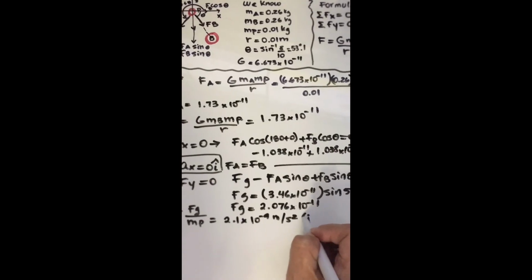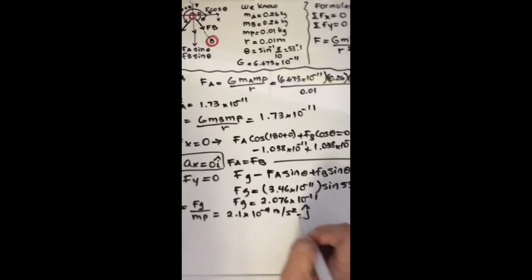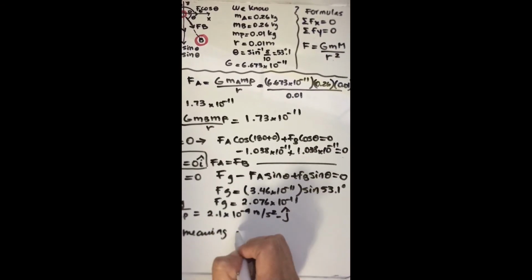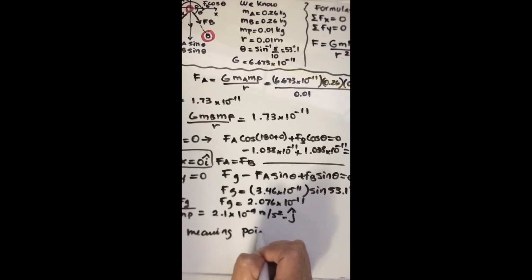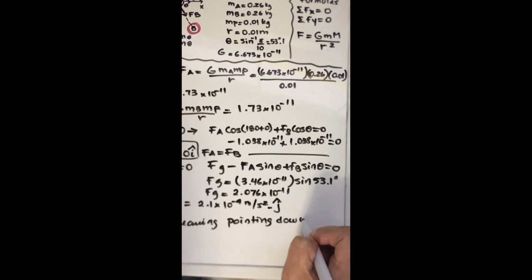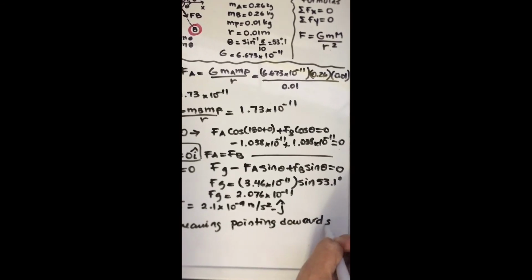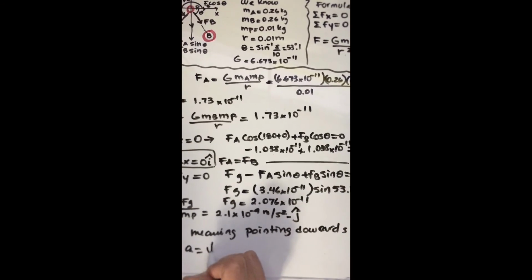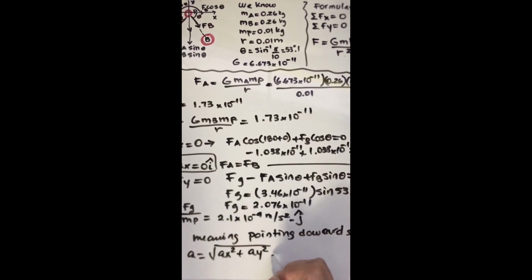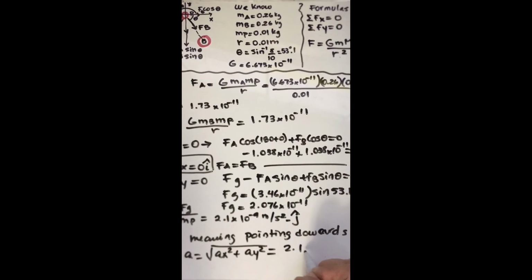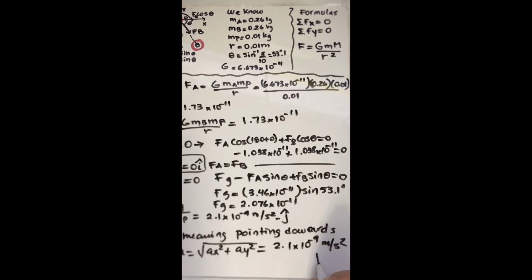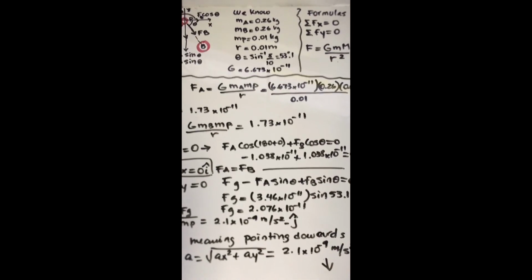But in the y direction, it is the negative direction, meaning it is pointing downward. So the magnitude of the acceleration is the square root of a_x squared plus a_y squared, which is equal to 2.1 times 10 to the negative 9 meters per second squared, pointing downward. And that's the answer to the problem. Thank you.